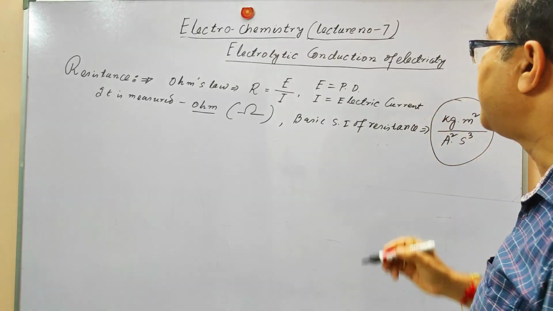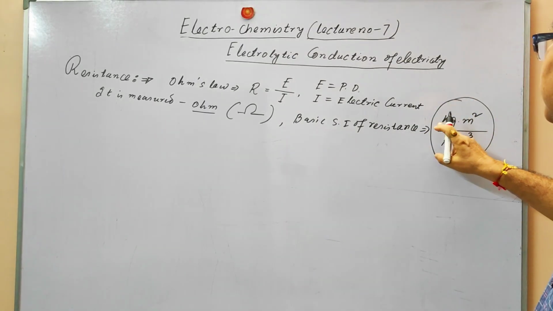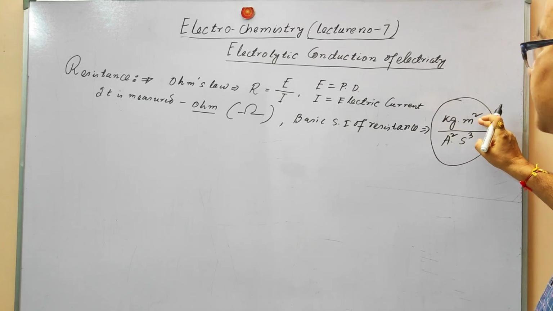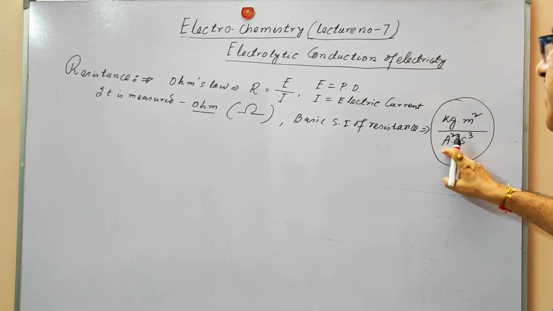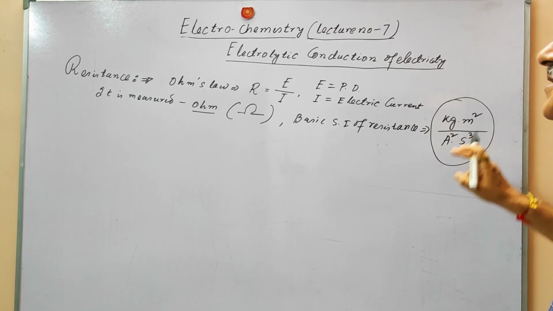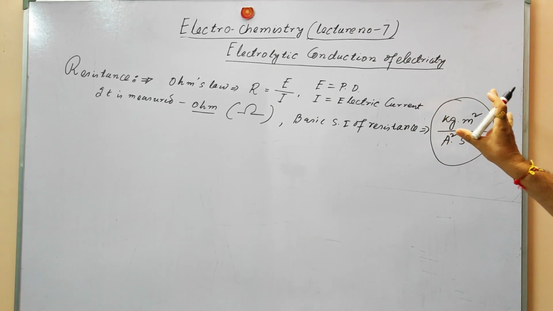Let us understand how this basic SI unit of resistance comes. Here kg is mass, L is the unit of length, A is the ampere, the unit of current, and S is the seconds. How all these terms come, let us understand.